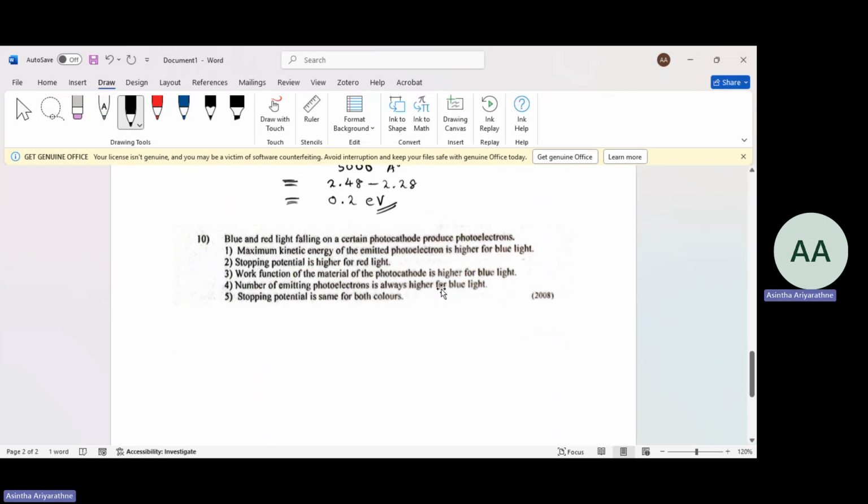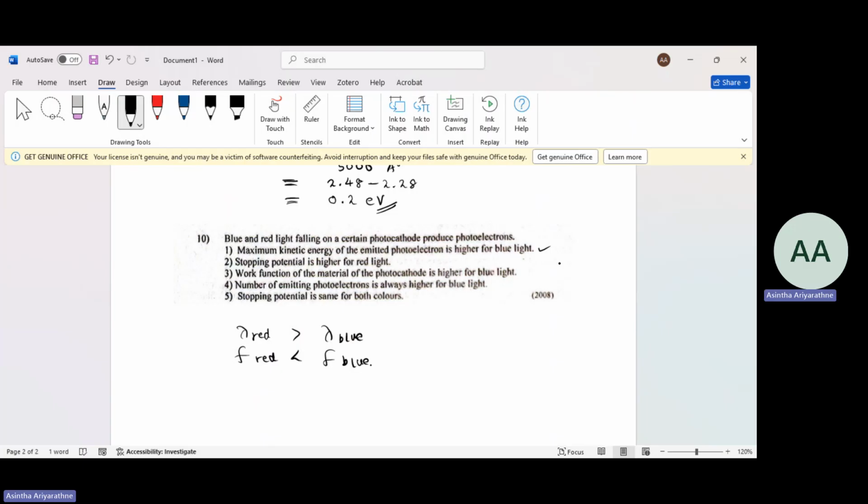Blue and red light falling on a certain cathode produce photoelectrons with maximum kinetic energy. So lambda of red is greater than lambda of blue, so the frequency of red is less than the frequency of blue. The maximum kinetic energy of the emitted photoelectron is higher for blue light. That's correct, the frequency is higher.